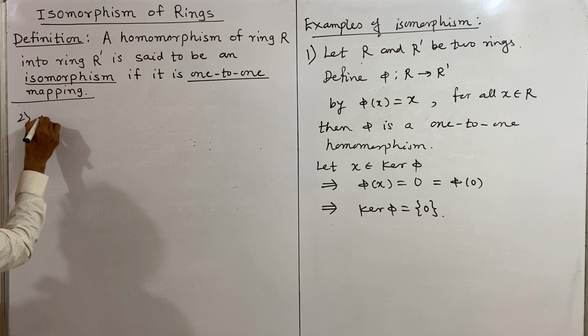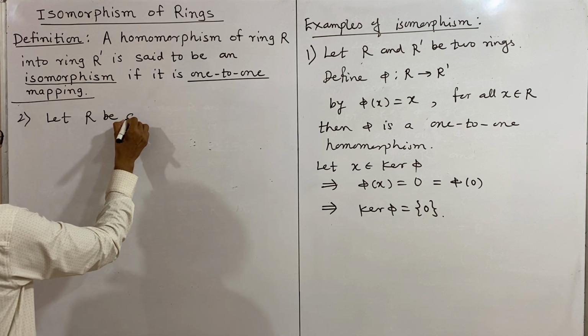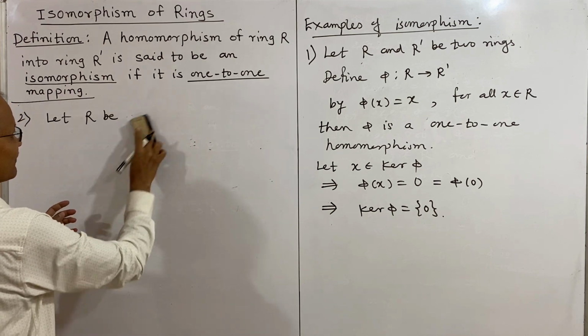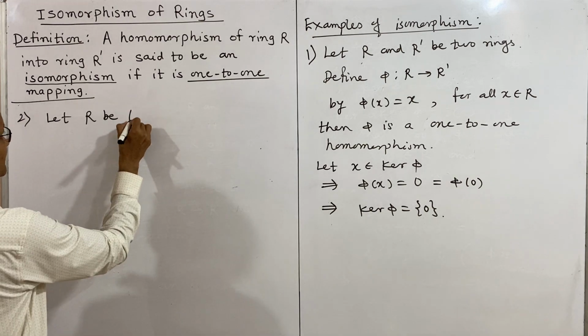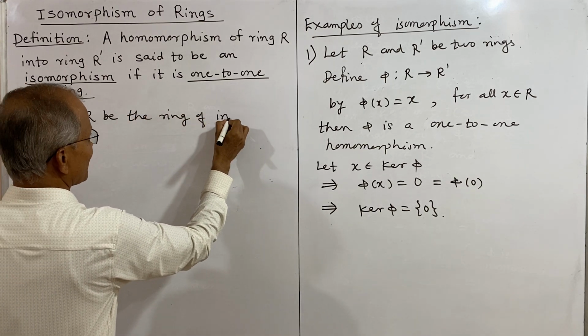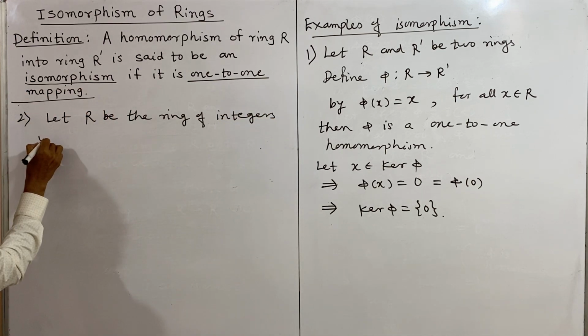Second example, let R be the ring of integers, all integers with usual addition and multiplication.